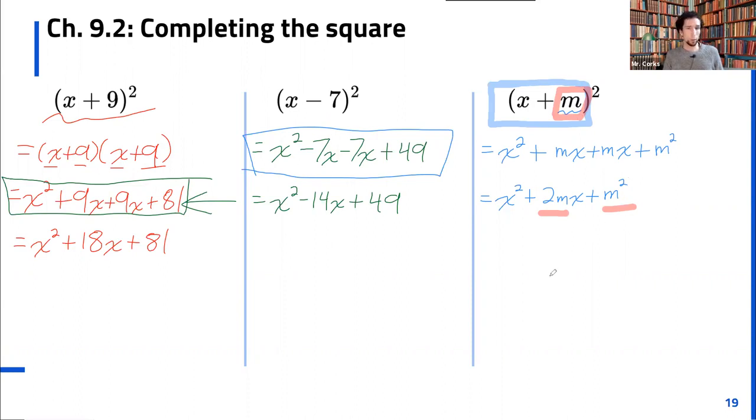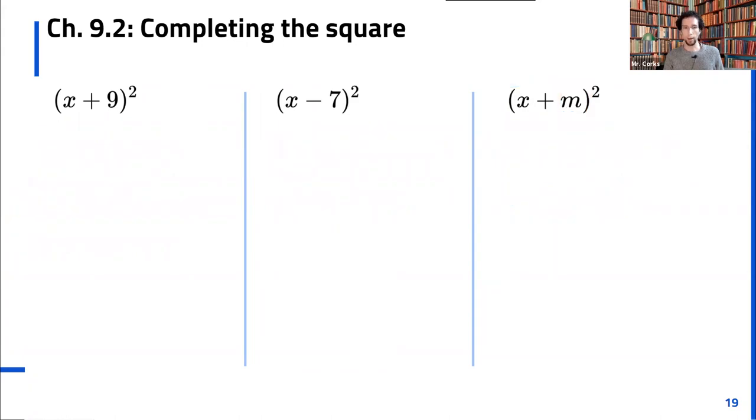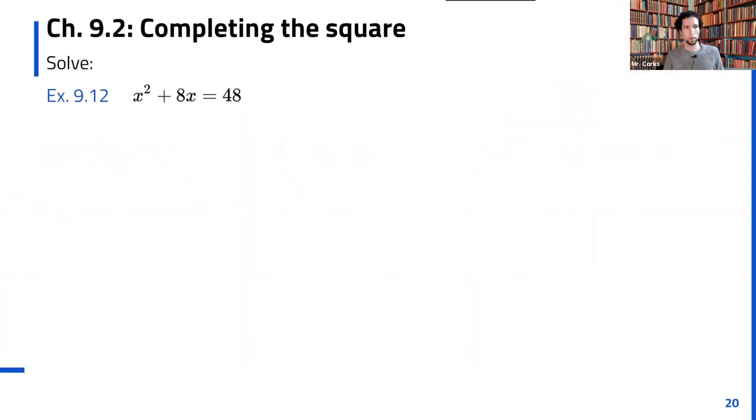Not too different from how we had the n plus m for the b value before, and the m times n for the c value. So that's the general pattern.